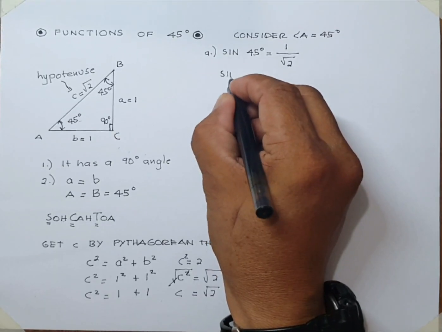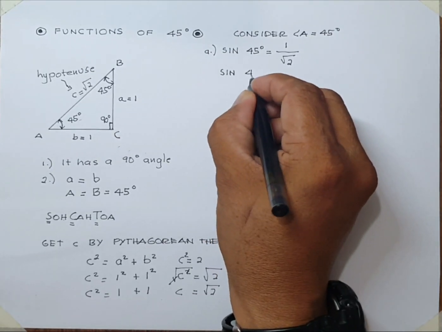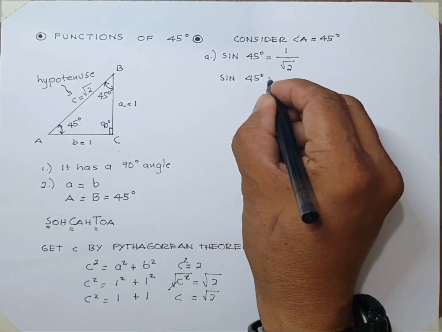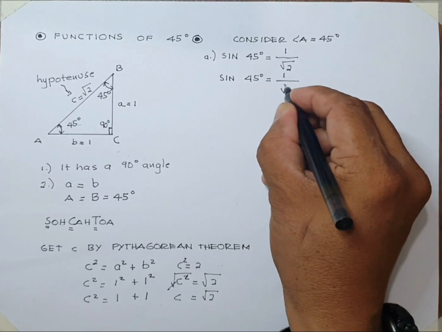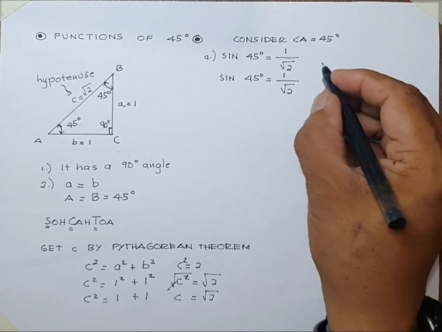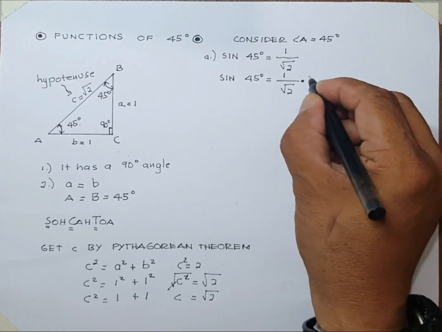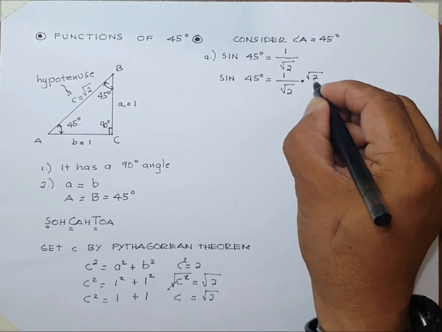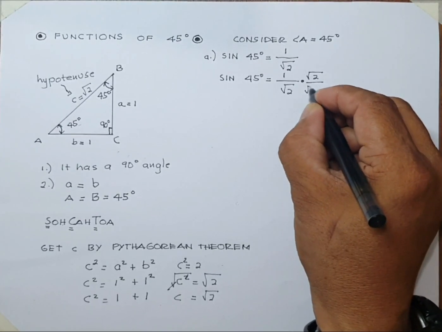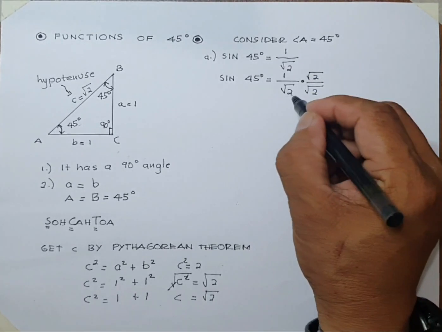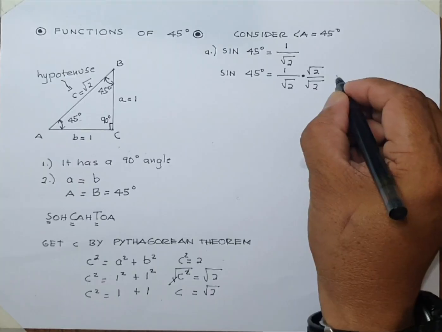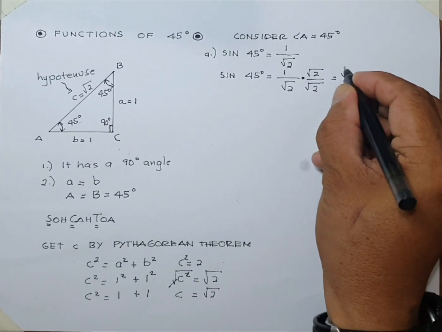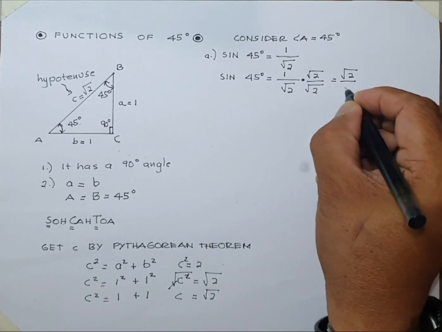So we can simplify this by removing the radical sign below by multiplying the numerator as well as the denominator by square root of 2. And we will have here square root of 2 over 2.